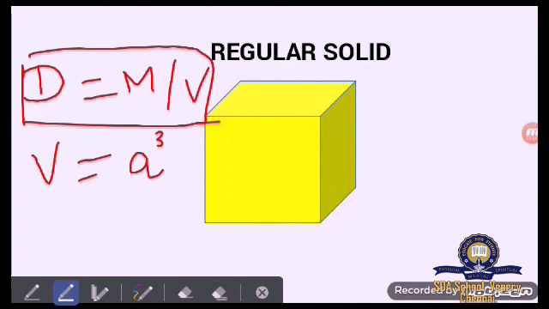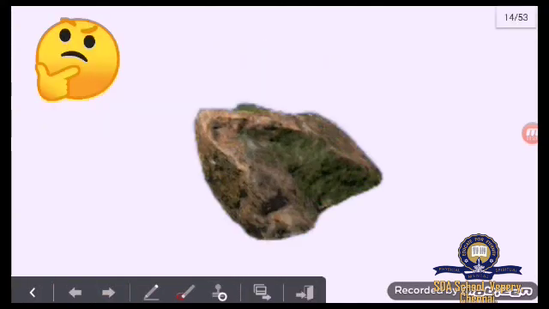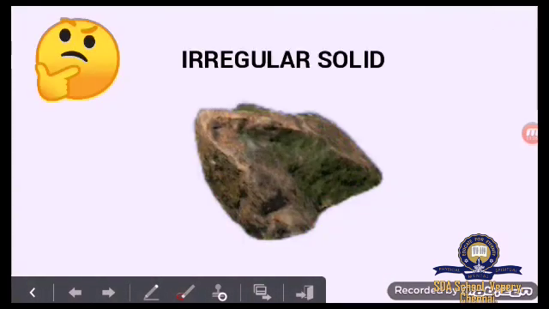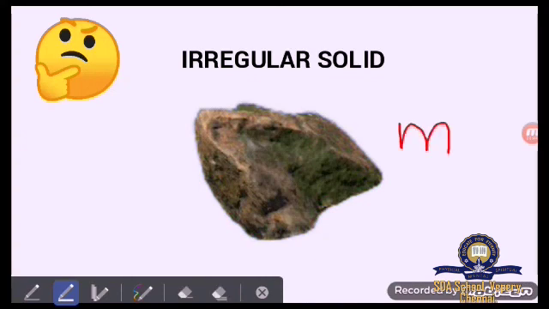But now answer my question. What kind of solid is this? This is irregular solid. You will be able to find the mass of this substance using the digital balance or physical balance, but how will you find the volume of such solid?